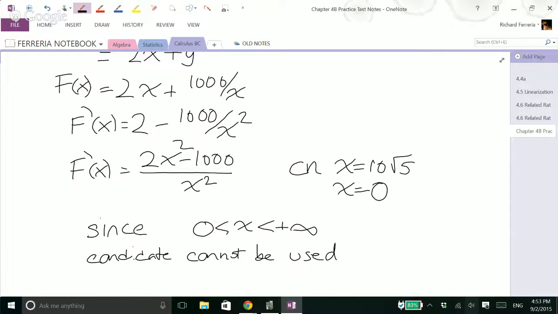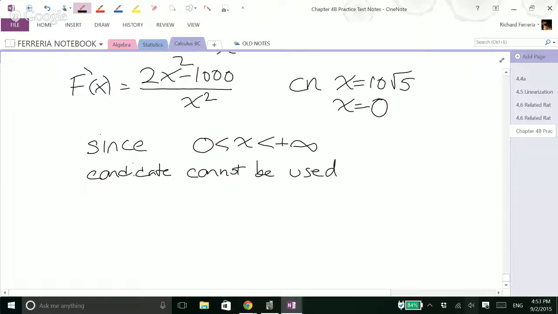This is not a finite interval. Okay, let's go back to f prime and figure out our first derivative test.